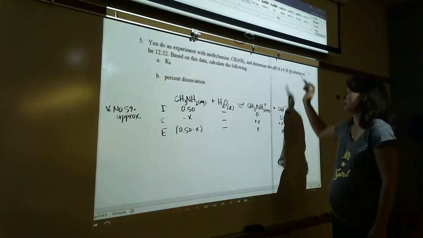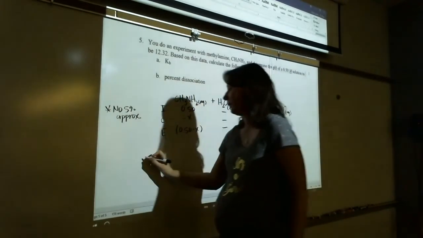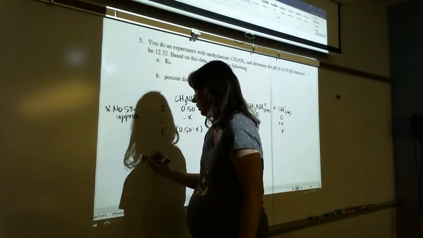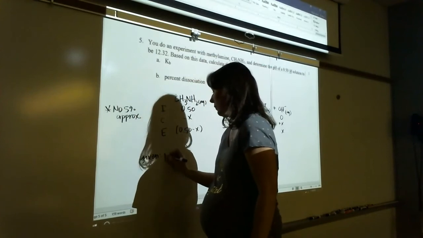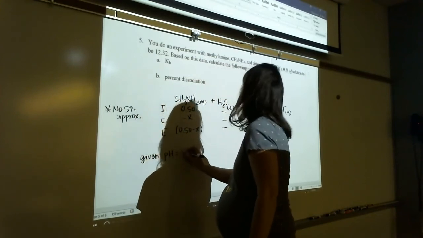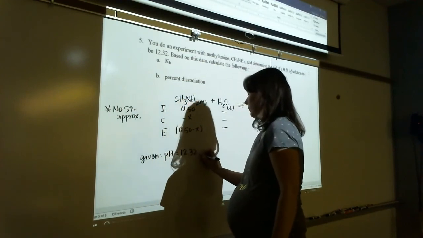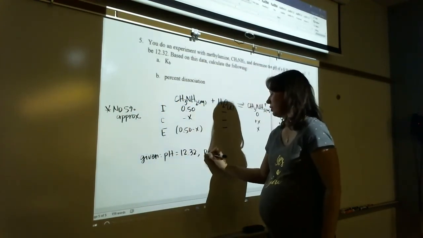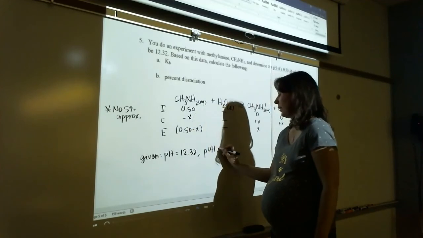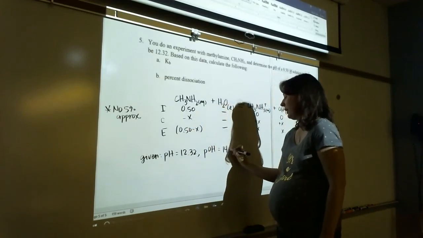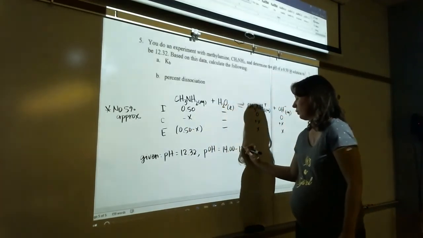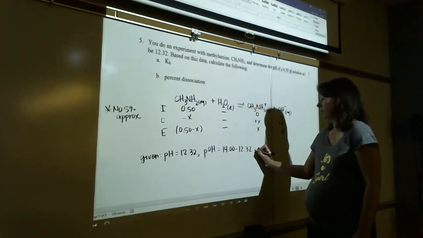Well, the problem tells me the pH, right? So if the pH is 12.32, then how would I get pOH? The pOH would just be 14 minus 12.32, right?